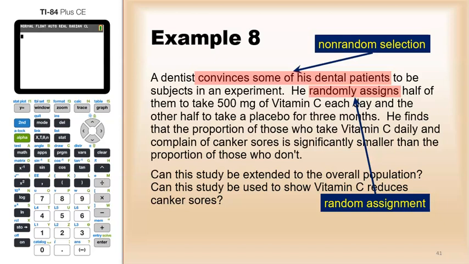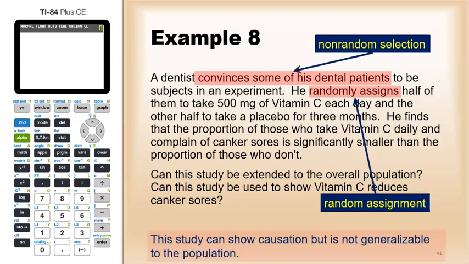So we can talk about causal inference. So we can show causation, but it's not generalizable to the population. There could be just something weird about this sample that we can show causation for them, but we can't necessarily extend it out to the full population.